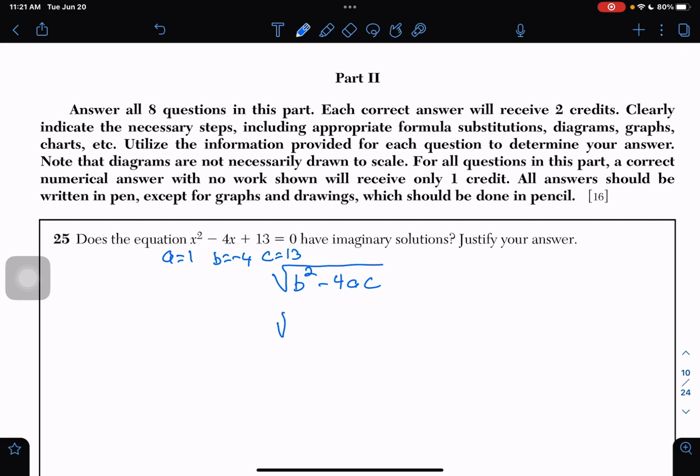So this becomes negative 4 squared minus 4 times 1 times 13. This becomes 16 minus 52, which is negative 36. So this makes it imaginary.